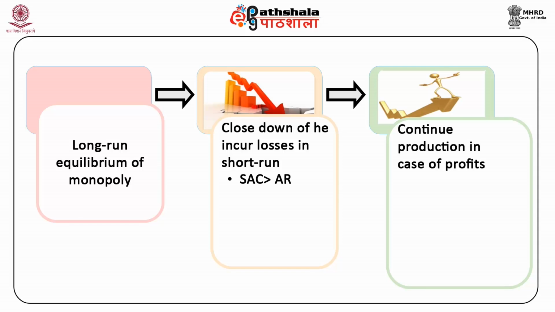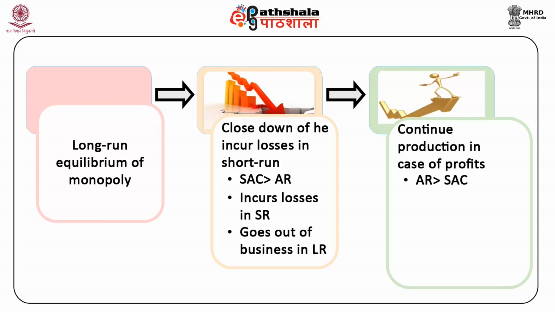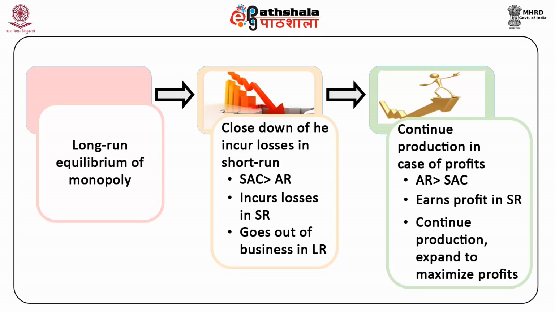If SAC is greater than AR, then the monopolist makes losses in the short run and will go out of the business in the long run if the market size is so small that no plant size can endure pure profits in the long run. However, if AR is greater than SAC, then it earns a short-run profit, and the monopolist will continue production and can even expand in order to maximize its profits.